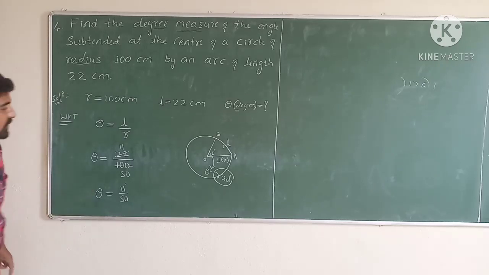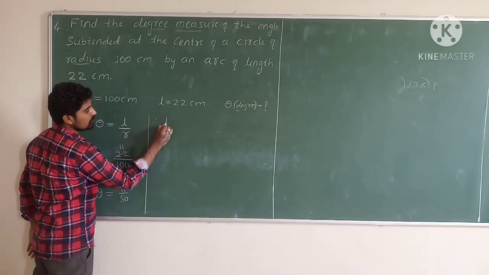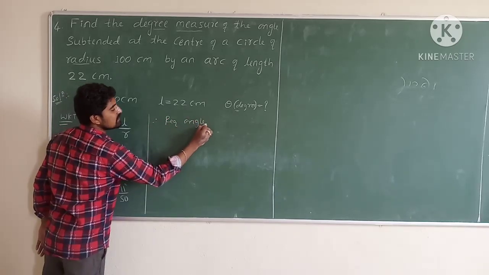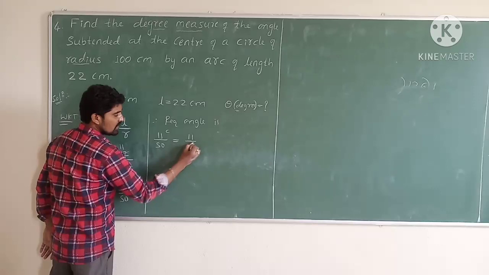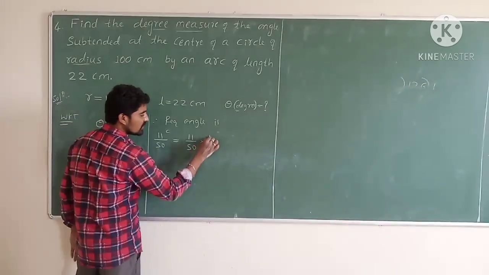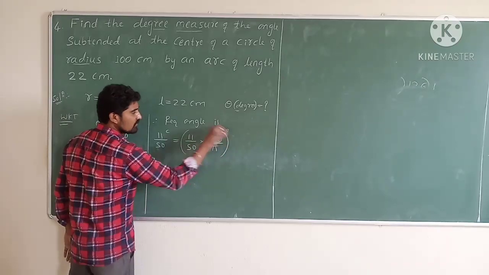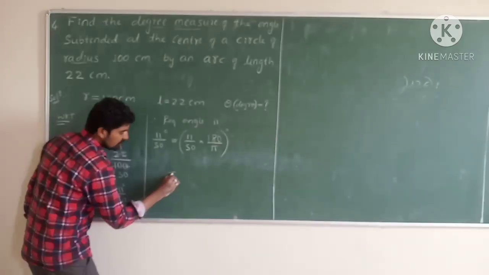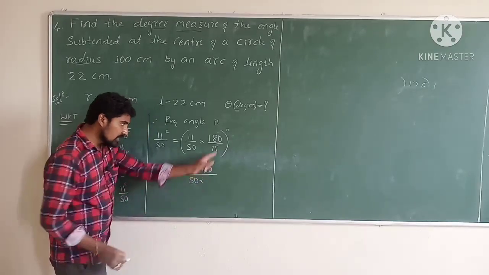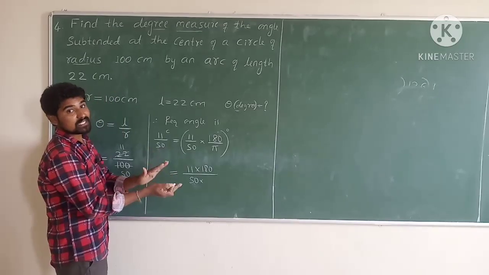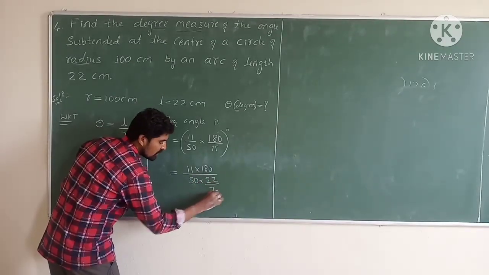So to convert this 11 by 50 into degrees, what should we do? Therefore the required angle is 11 divided by 50 radians, which is equal to 11 divided by 50 into 180 divided by pi, converting to degree measure. Now this entire angle in terms of degrees is equal to 11 into 180 divided by 50 into pi. When converting radians to degree measure, we must also use the value of pi equal to 22 by 7. So the pi value is 22 divided by 7.